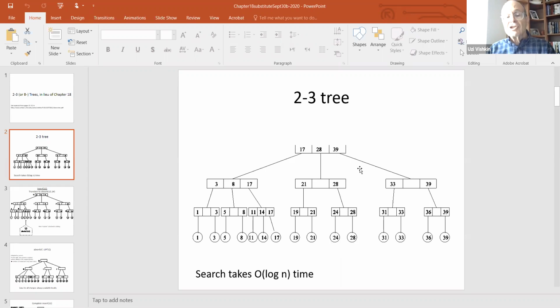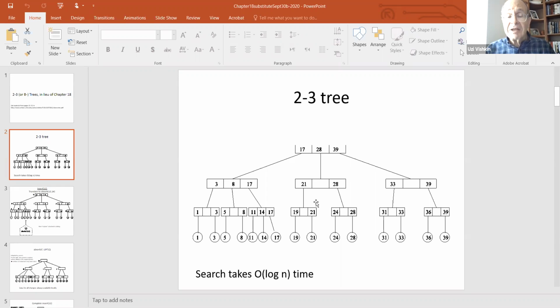Okay. So now I wanted to continue and define the semantic side, because so far it was only structure. So now give me a set, and I wanted to map the set into a 2-3 tree. So the idea is basically the following.